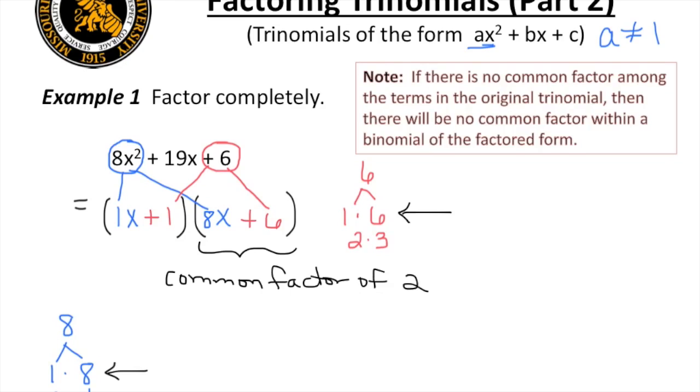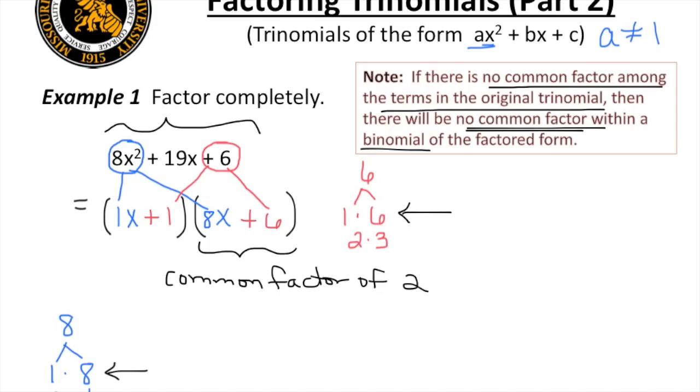I know this is a problem because recall, at the beginning we noted that the original trinomial had no common factor. If the original trinomial has no common factor among the terms, then there will be no common factor within a binomial of the factored form. So that tells us that the 6 cannot be placed with the 8.